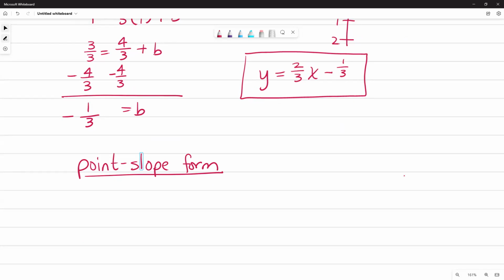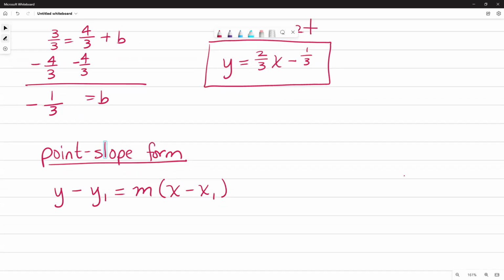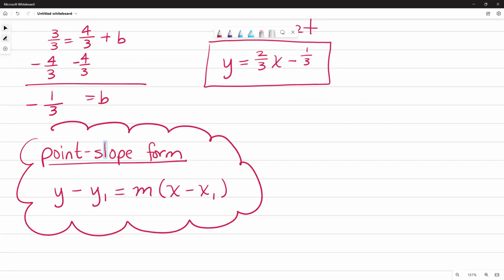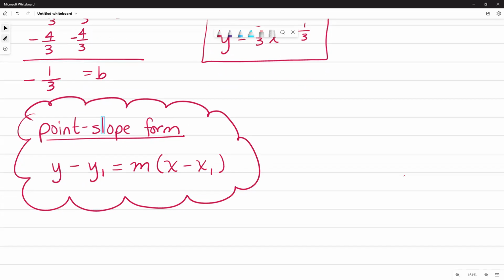But the equation for that is y minus y1 equals m times x minus x1. So just have that somewhere nice and neat, or obvious to find. Put it on note cards if you use note cards. But I want to show you where that comes from.